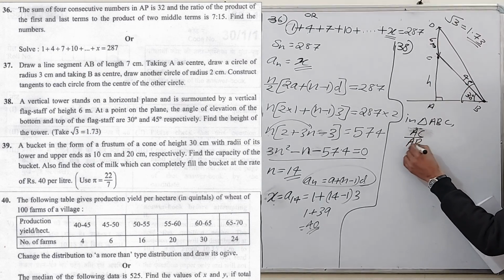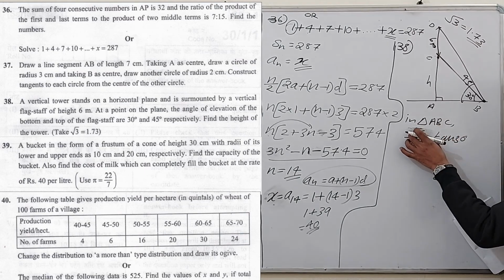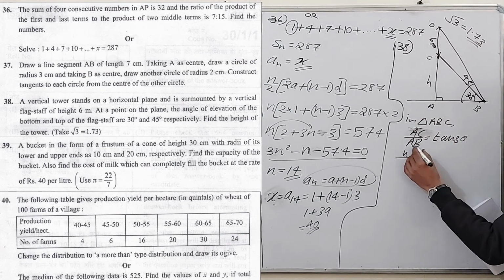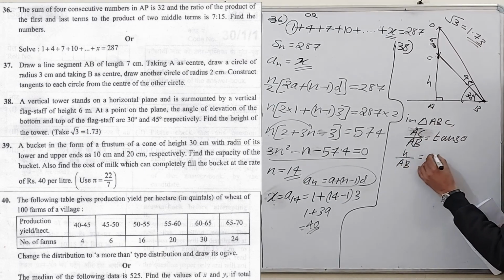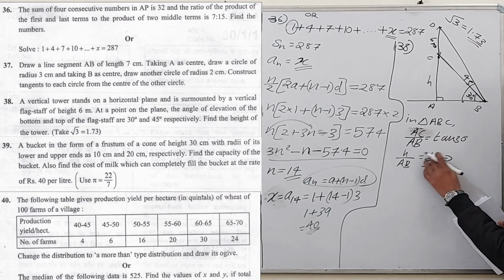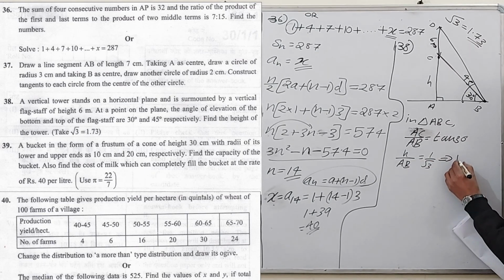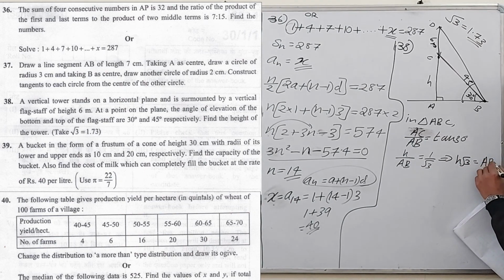AC by AB is equal to tan 30. What is AC? AC is H. H by AB is equal to tan 30, which is 1 by root 3. That implies AB equals H root 3. So H into root 3 is equal to AB into 1. Just keep it as the AB value.